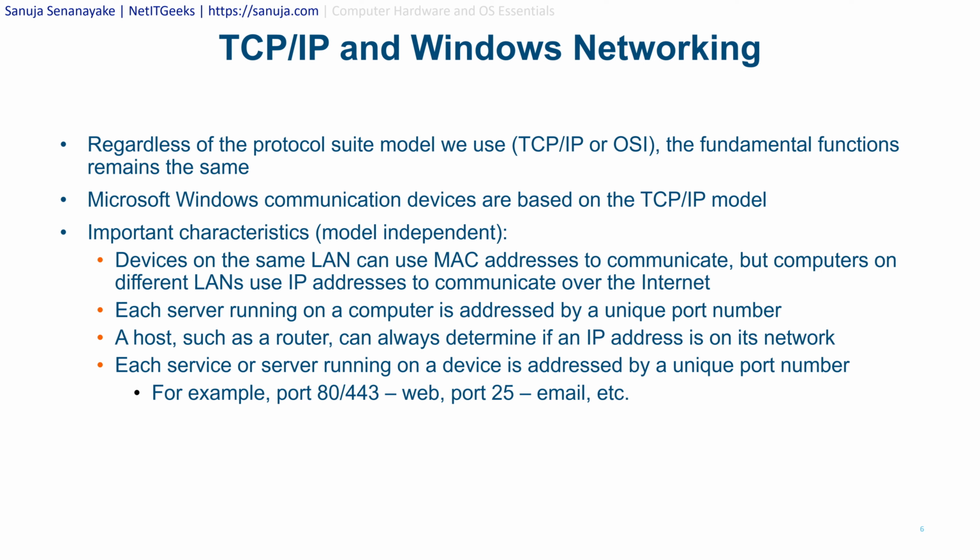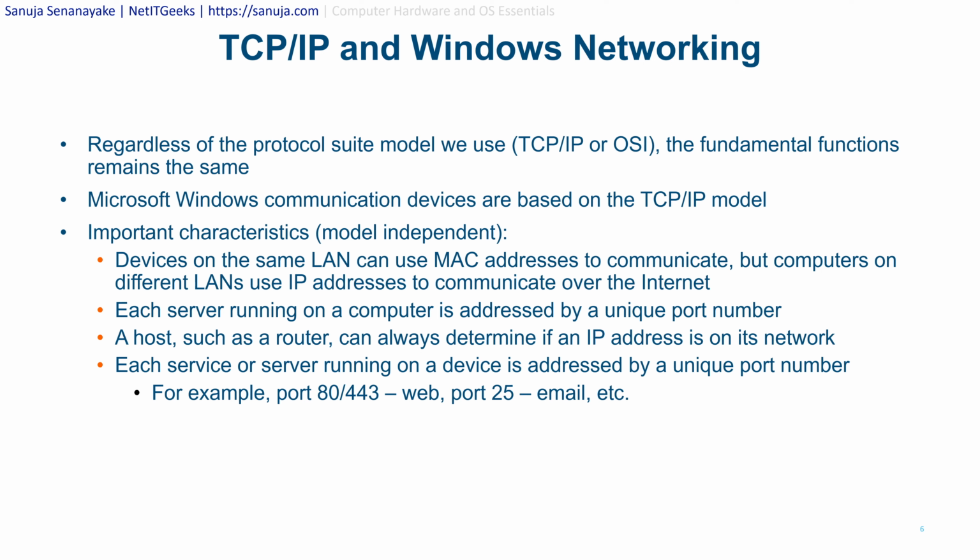Microsoft Windows communication devices are based on the TCP/IP model. There are some important characteristics that are model dependent. Even though the fundamental concepts are the same, there are some important characteristics that are unique to the TCP/IP model as well.